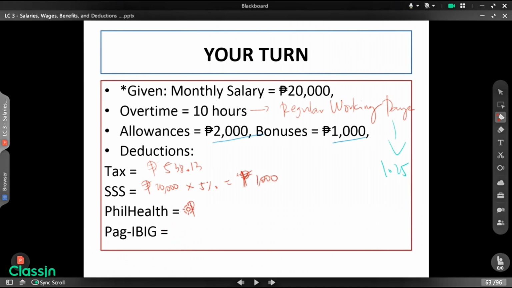For the PhilHealth, the contribution of the employee is 2.5% of the monthly salary. So it is 500. And for Pag-IBIG, as long as it is greater than 10,000, it will be 200 for the employee.